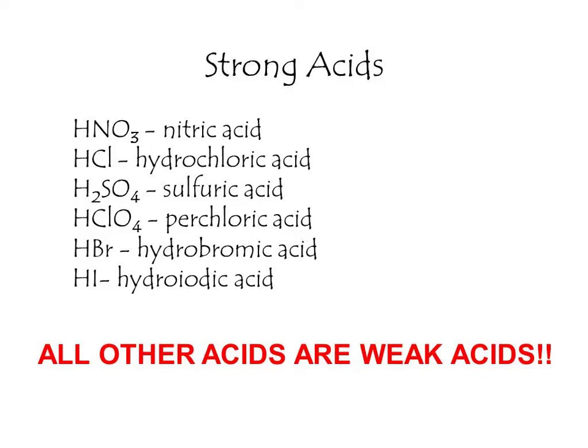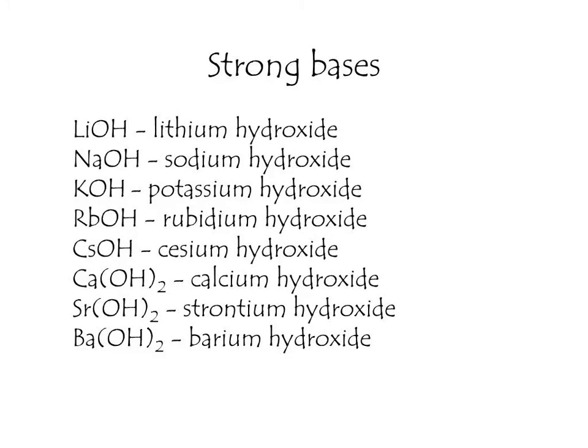If you have strong bases, they're lithium hydroxide, sodium hydroxide, potassium hydroxide, rubidium hydroxide, cesium hydroxide, calcium hydroxide, strontium hydroxide, and barium hydroxide. If you notice, these are hydroxides with the alkali and alkaline earth metals.